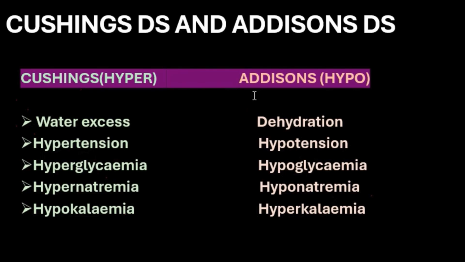Cushing's is hyperglycemia and Addison's is hypoglycemia. Cushing's is hypernatremia and Addison's is hyponatremia. Cushing's is hypokalemia, while Addison's is hyperkalemia. So all these characteristics are in the opposite direction, so we are comparing and contrasting in a table.